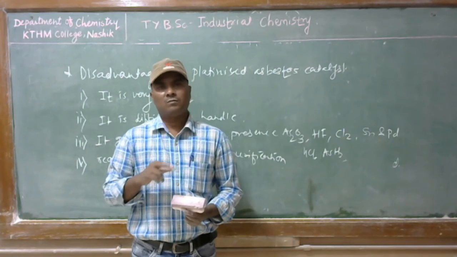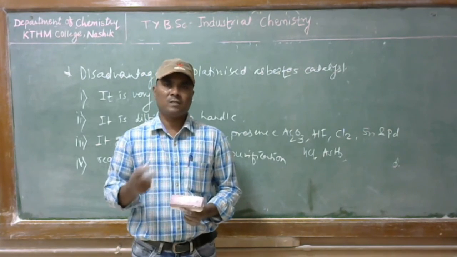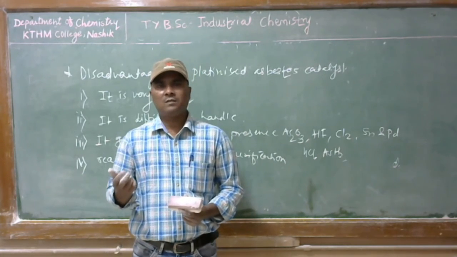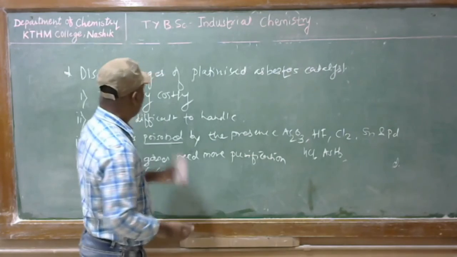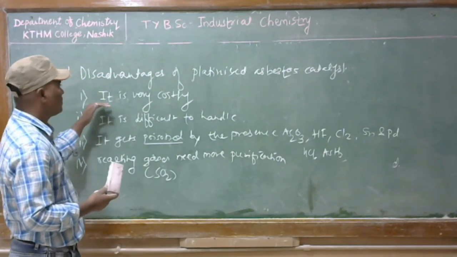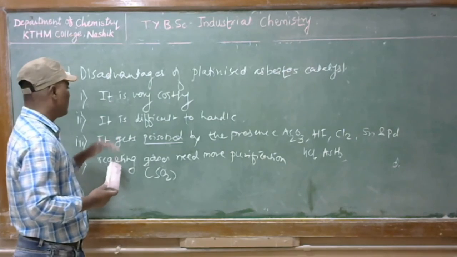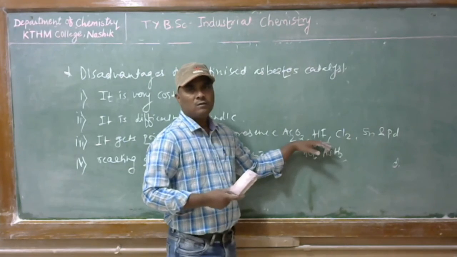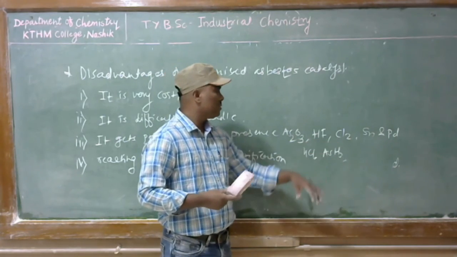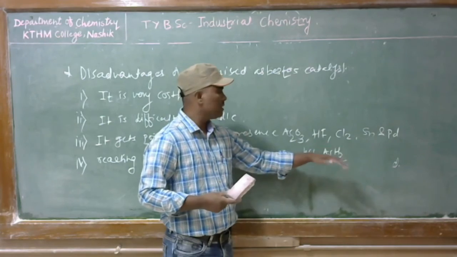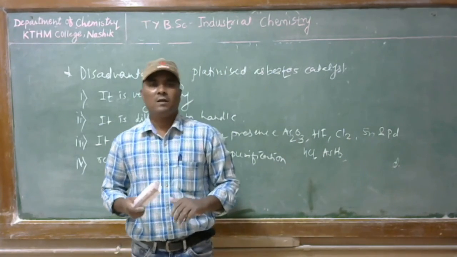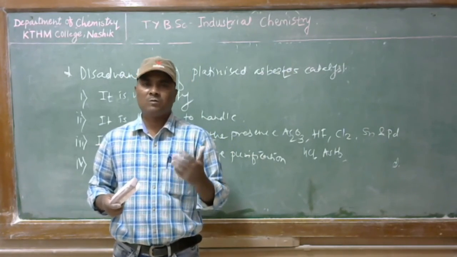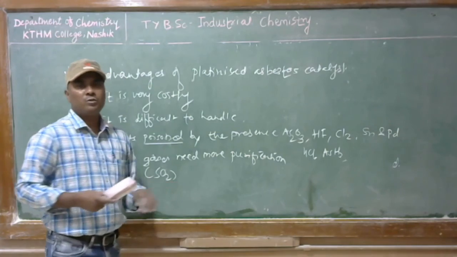Catalyst, two catalysts are used in the process, platinized asbestos and vanadium pentoxide catalyst, but vanadium pentoxide catalyst is superior in this aspect because platinized asbestos is very costly, it is difficult to handle, and it gets easily poisoned by the presence of arsenic oxide, hydrofluoric acid, Cl2, HCl, tin, lead impurities and even arsenic hydride impurities. And because of the involvement of all these impurities with the platinized asbestos catalyst, it needs more purification.